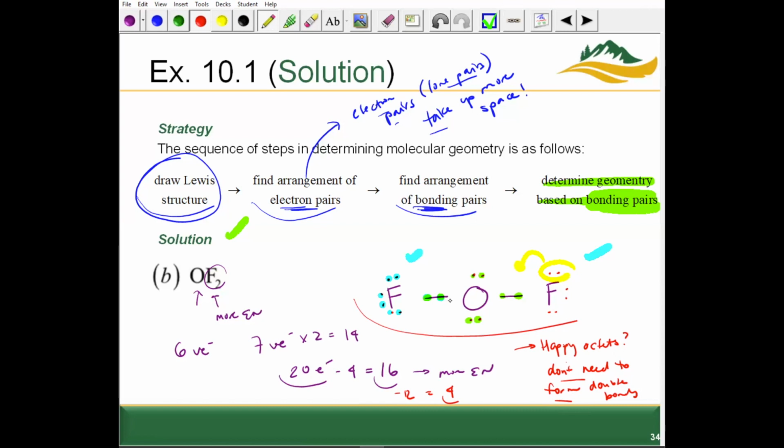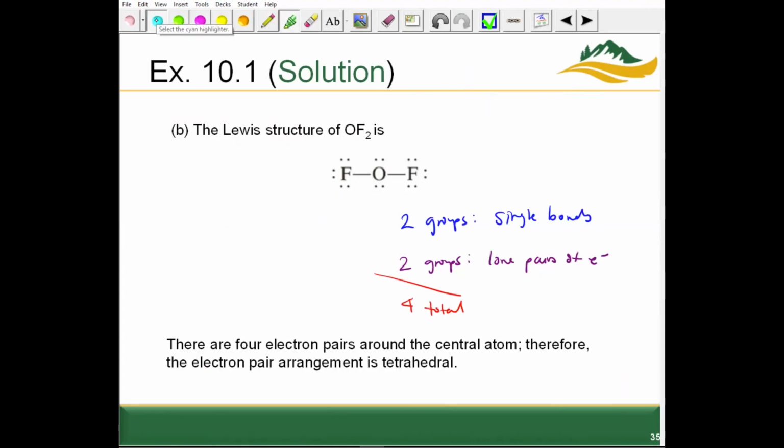We can start to notice we have 2 bonds from the central oxygen and then 2 lone pairs also around the central oxygen. So for the total number of groups, we have 2 groups that are single bonds. We also have 2 groups that are lone pairs. A lone pair counts as 1 group.